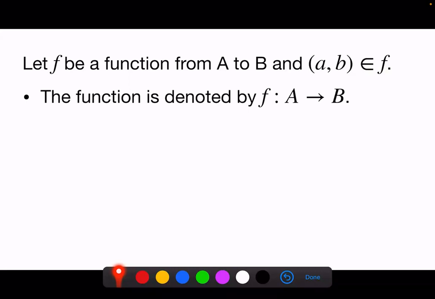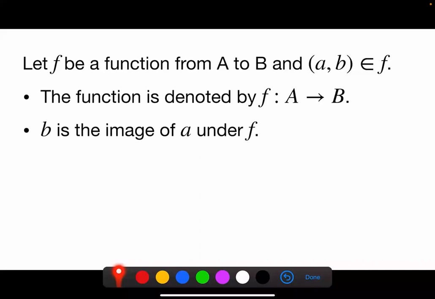You denote the function like this: f, then a colon, and then the source is A, the target is B. To show that, you show an arrow. This arrow indicates that you are going from A to B. So the elements in A are connected with elements in B, provided those two conditions are valid.